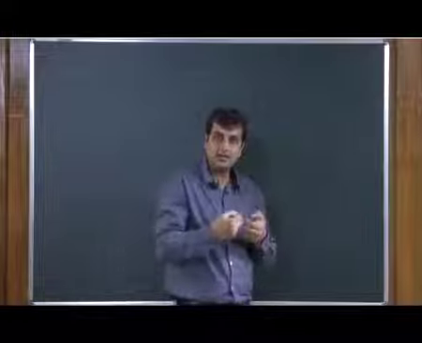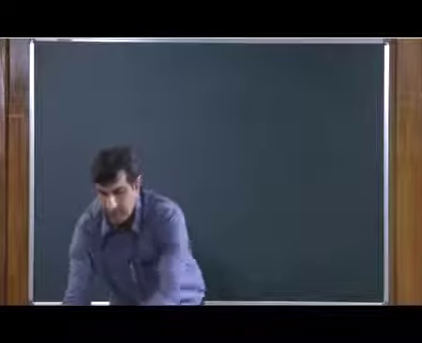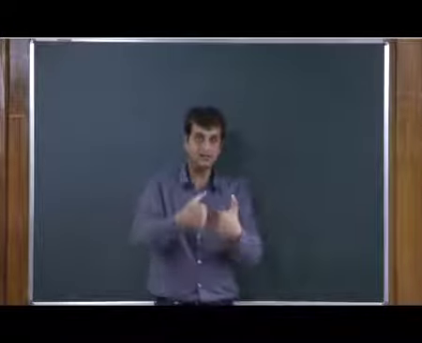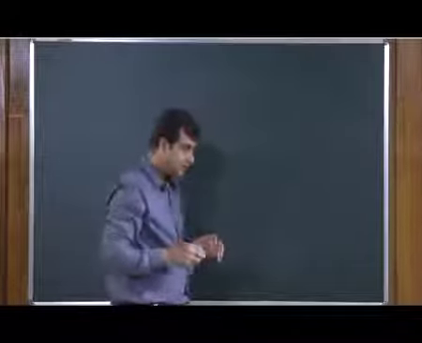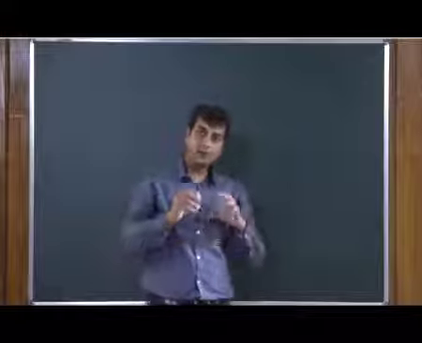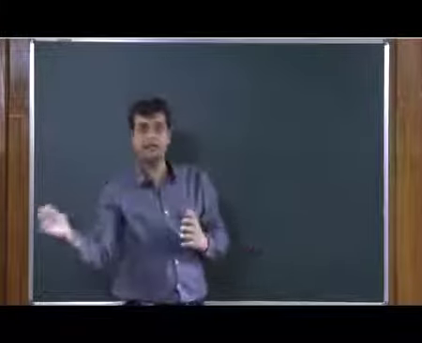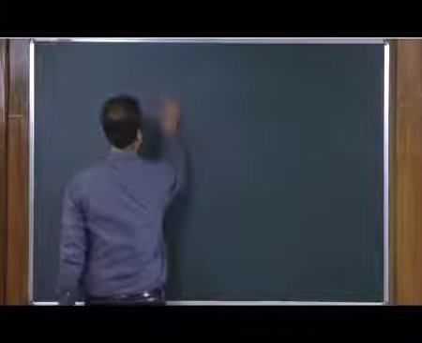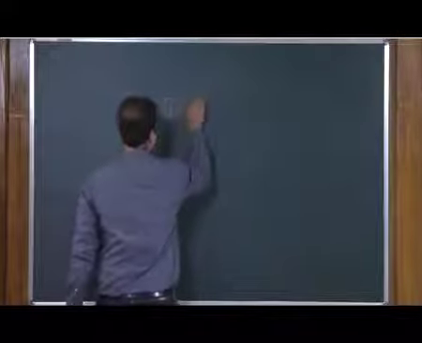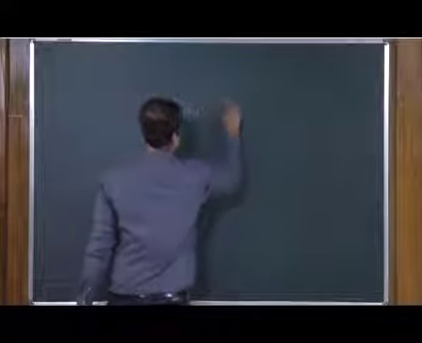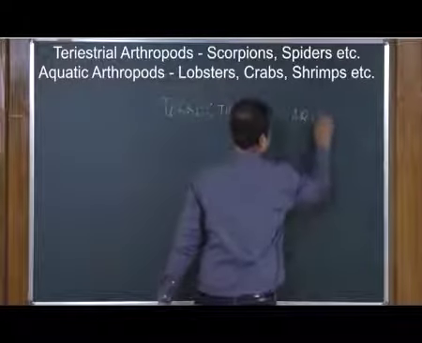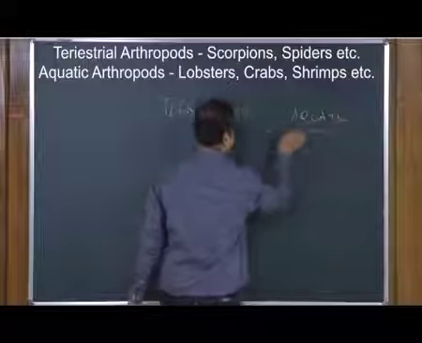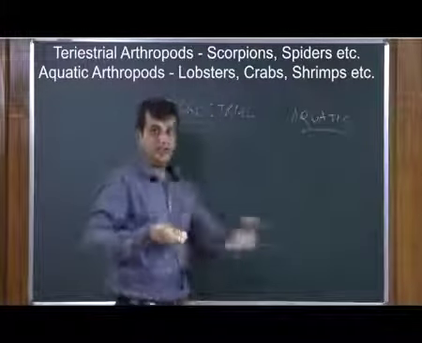Their whole body has jointed legs, and appendages are joined with each other. Arthropoda live in both terrestrial and aquatic conditions, which means they can live in water and they can live on land also.